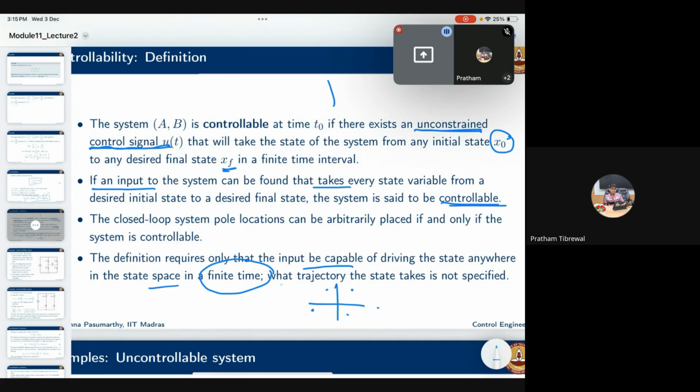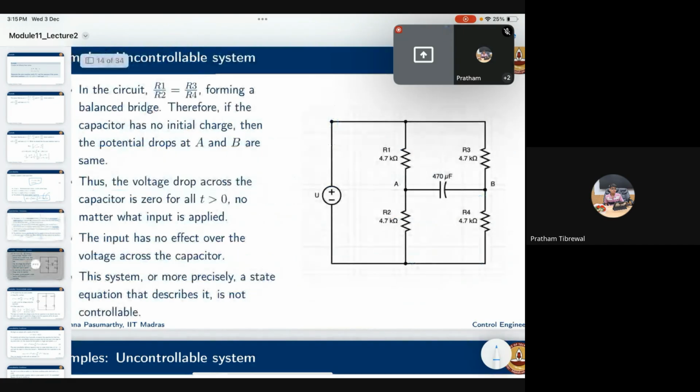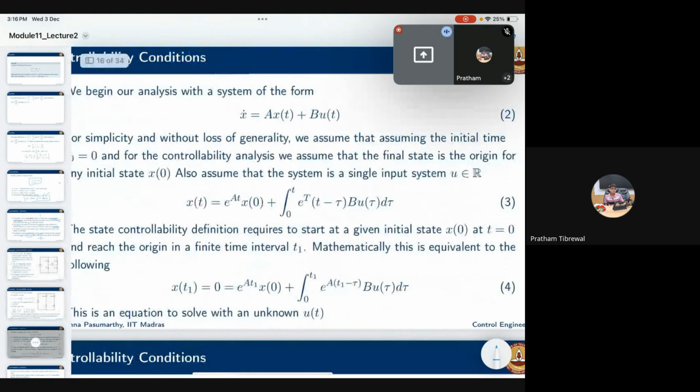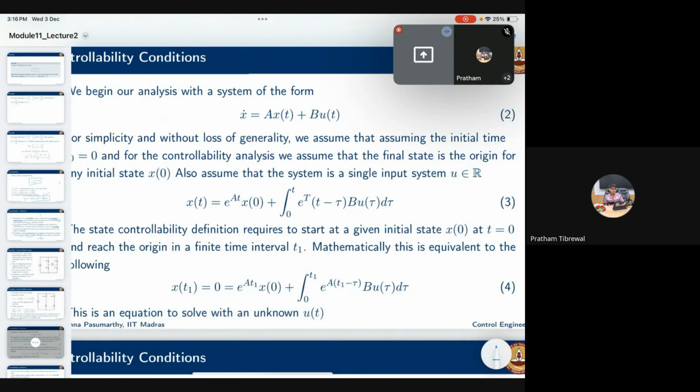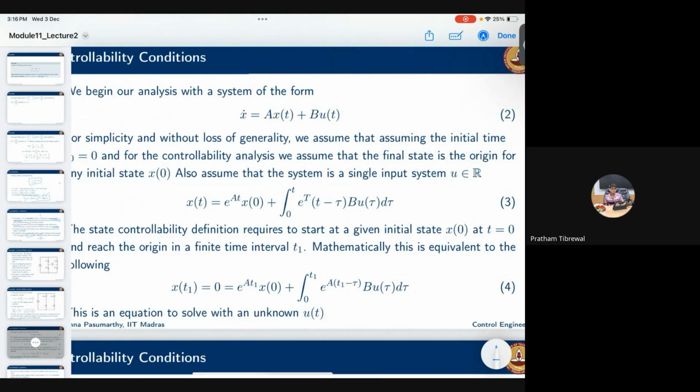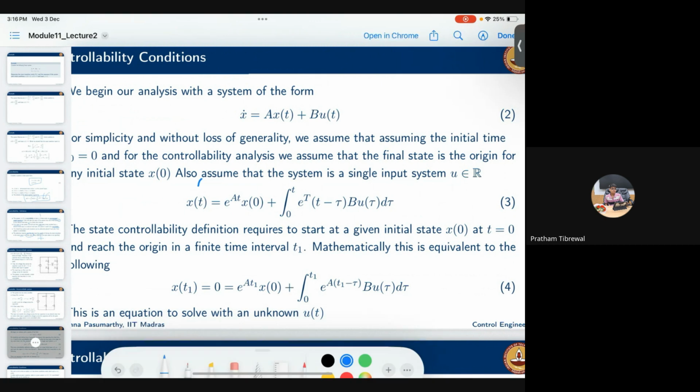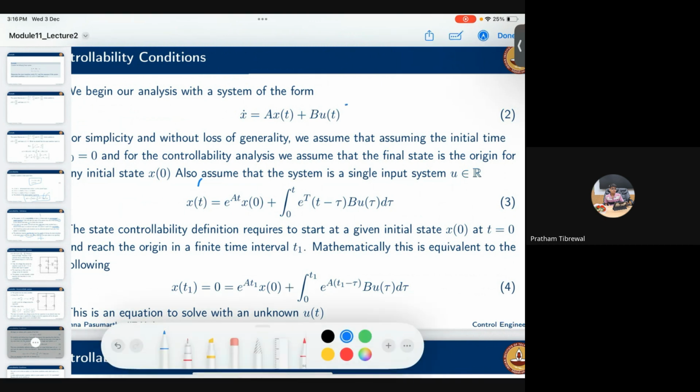And what trajectory it takes is also not useful. Maybe I can go via Nagpur, or via Bhopal or something like that. That trajectory is not very useful. Okay, we will look at how to get this derivation. We start with a system of the form x dot equal to Ax plus Bu.